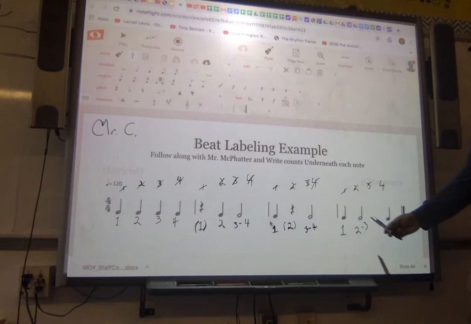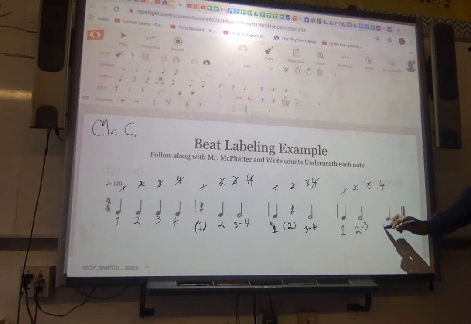Since this quarter note got beat 1, we start this half note on beat 2, and it goes all the way to beat 3. It eats up beat 3, which means the only beat we have left for this quarter note right here is 4. And what do you know? A quarter note only gets 1 beat, so it has to get only beat 4 by itself.